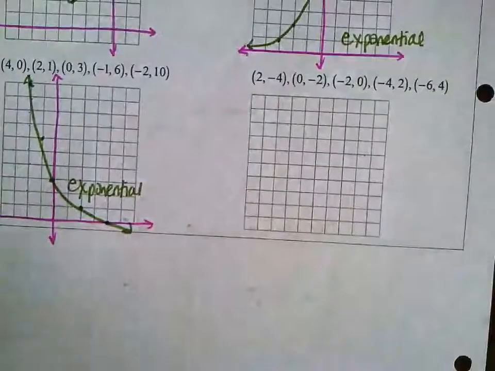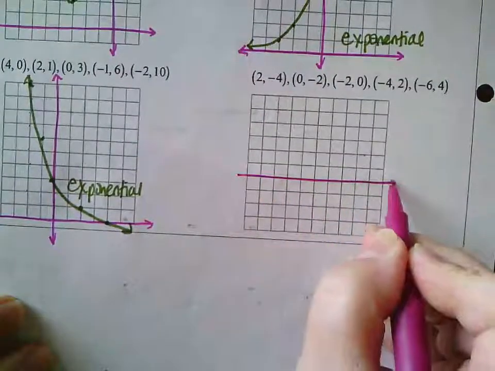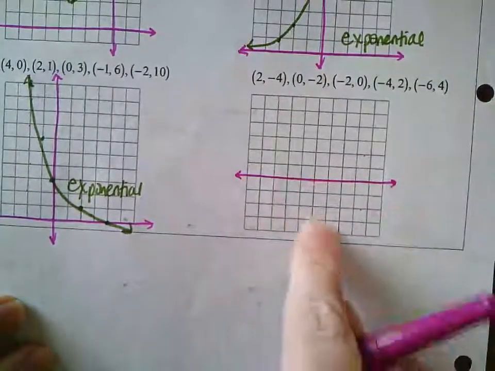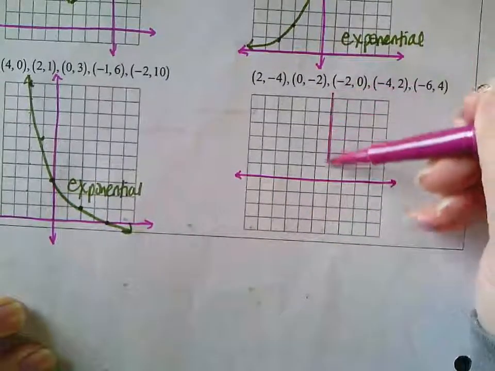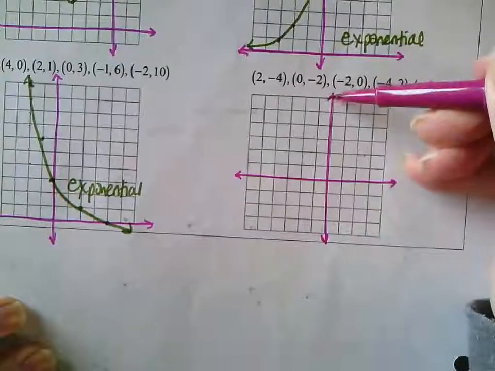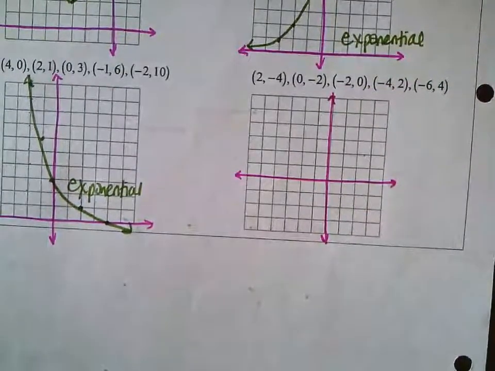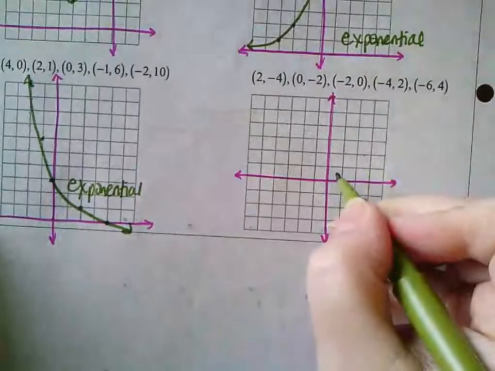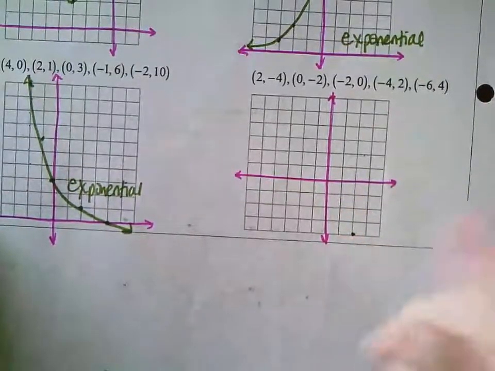This is a shorter lesson, so yay. So this is 4 up. I just did 4 up. And then I did 4 in going this way. And that's where I put my graph. All right. So then I can graph my points. 2, -4. That's how I knew to go 4.